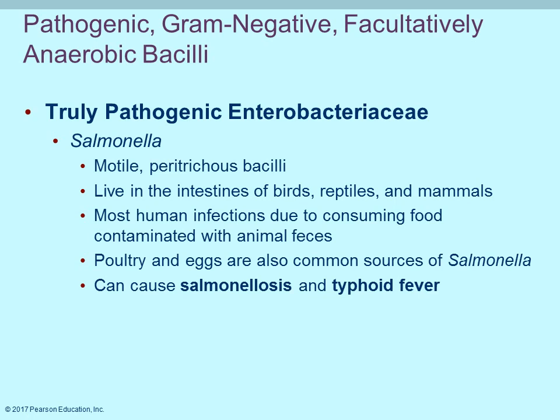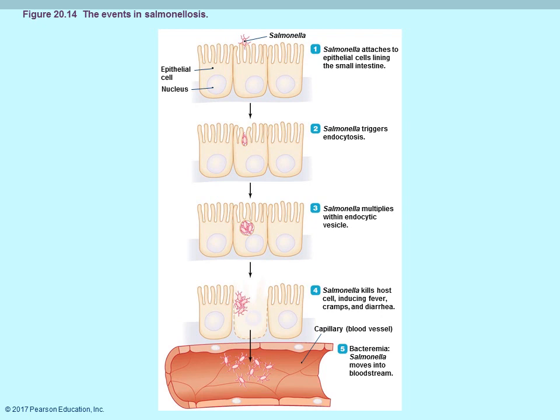Birds also, as I mentioned, are known to be a reservoir of salmonella, so oftentimes chicken and eggs are sources for human contamination. Can cause salmonellosis as well as typhoid fever. Salmonellosis, what happens here is you have consumed that, say you're eating eggs, you didn't cook them well and they were contaminated, or the chicken was not cooked fully and it was contaminated with salmonella, and you ate your chicken taco or whatever.